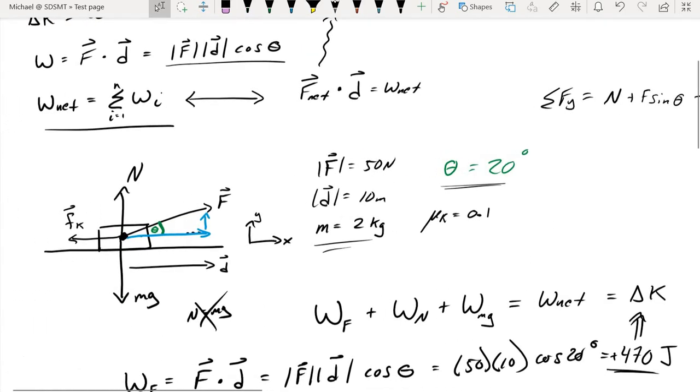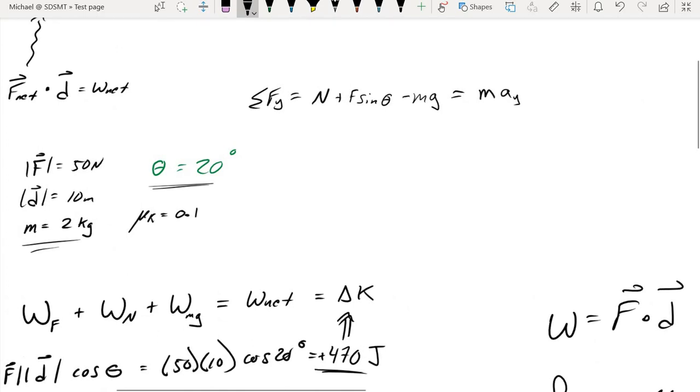But all we should be doing is just dragging this mass across the floor. The only displacement that we're expecting is in the x direction. We shouldn't have any motion in the y direction. In other words, we should be maintaining contact with the surface.